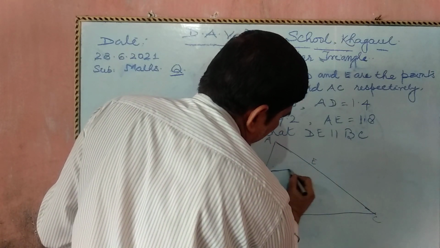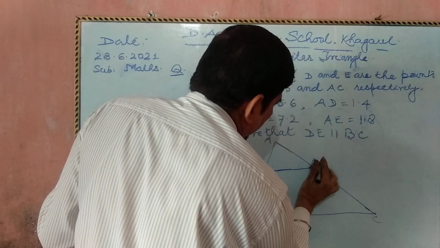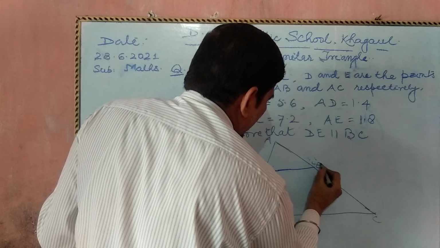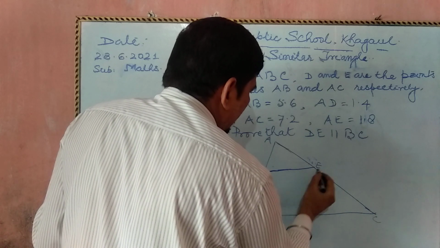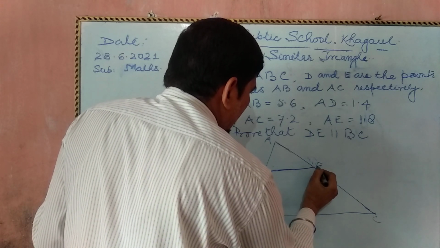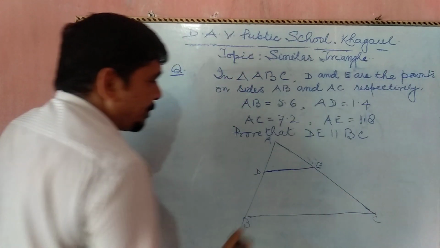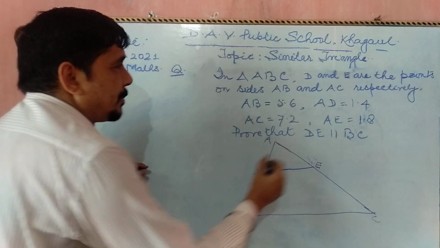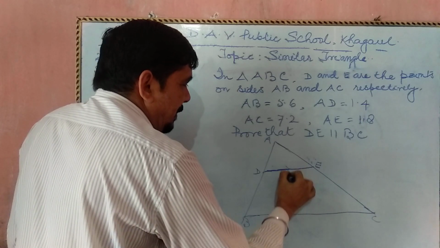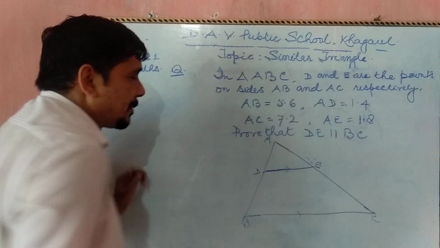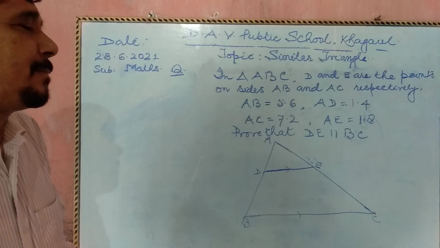Now join D to E. Now we have to prove whether DE is parallel to BC or not. It is given to show that DE is parallel to BC.